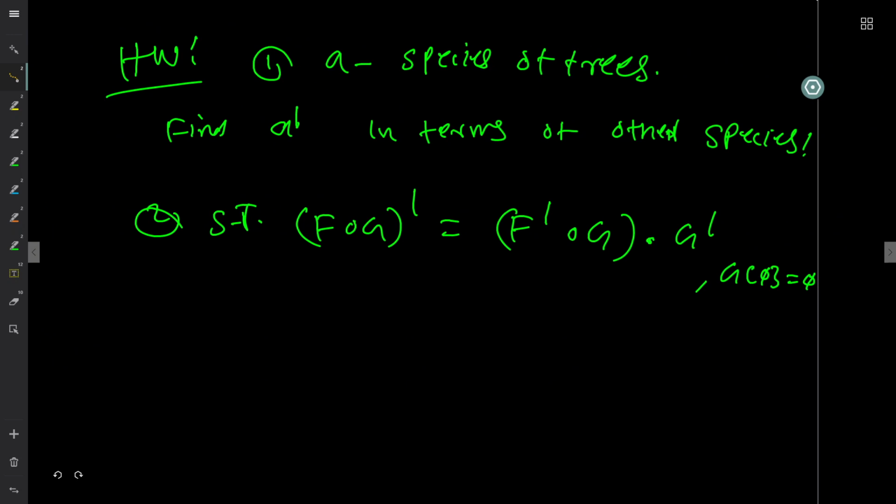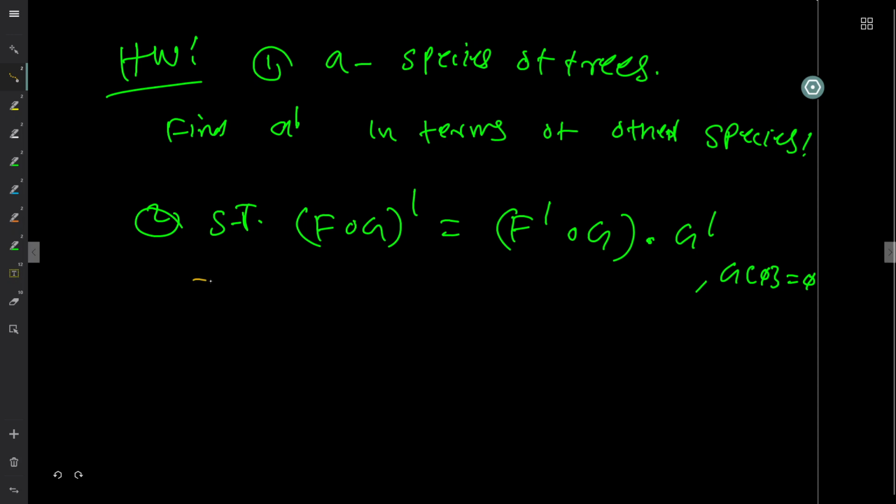As a homework, prove the following. Take A to be the species of trees. Then find the derivative A' in terms of other species. Can you represent the derivative of the species of trees in terms of some other species?